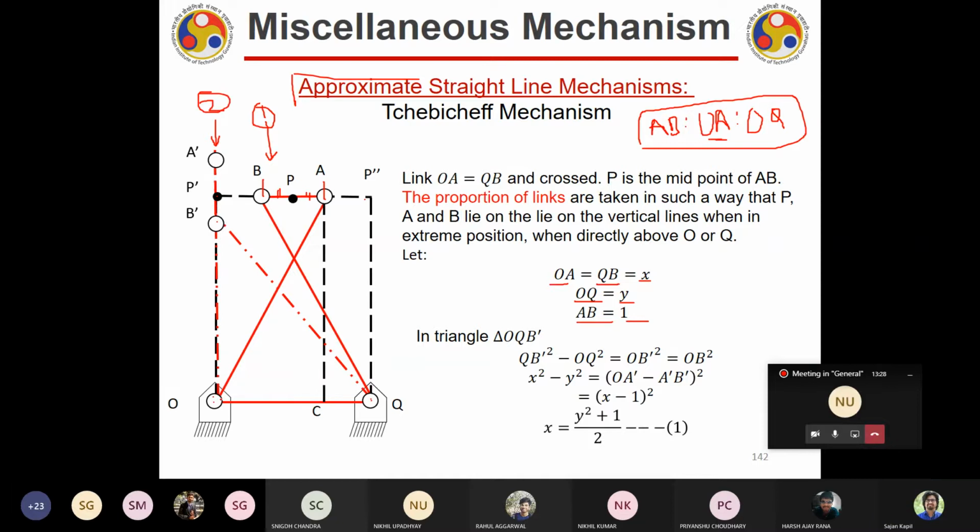In this triangle, you can see that QB dash square will be equal to OQ square plus OB dash square. Or in other words, I can say that QB dash square minus OQ square equals OB dash square. And as OB dash is also equal to OB.